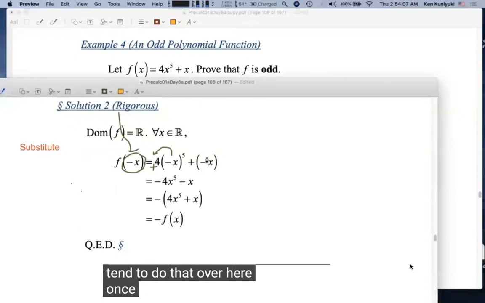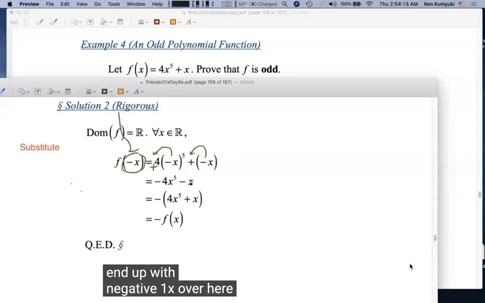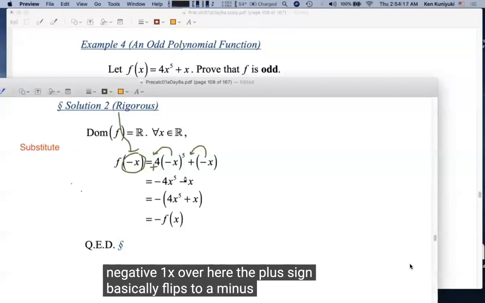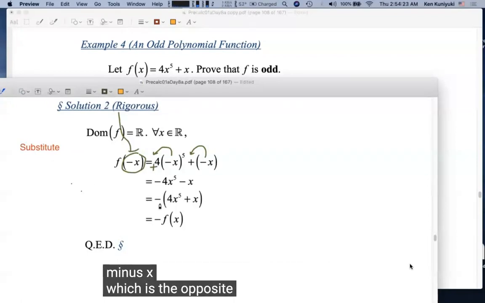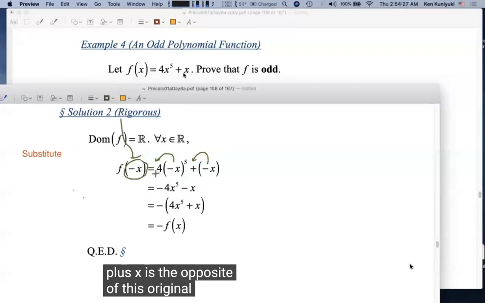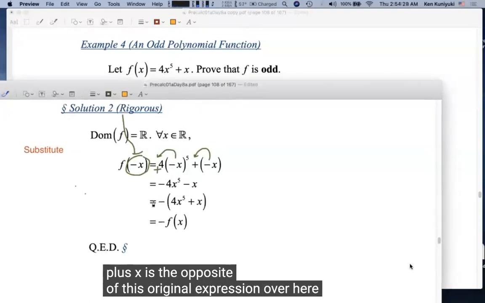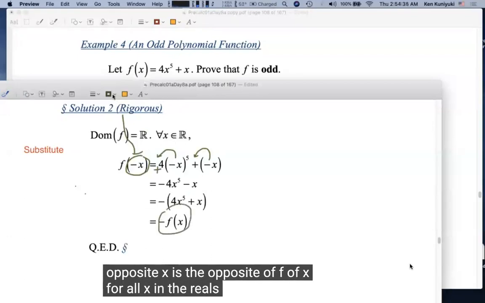Over here, once again, this -1 factor pops out, and we end up with -1x. The plus sign basically flips to a minus sign. So we get -4x to the 5th minus x, which is the opposite of 4x to the 5th plus x. It's the opposite of this original expression. So f of opposite x is the opposite of f of x for all x in the reals.